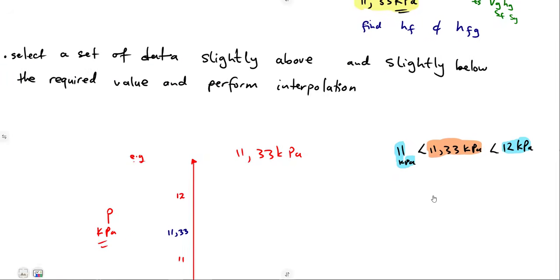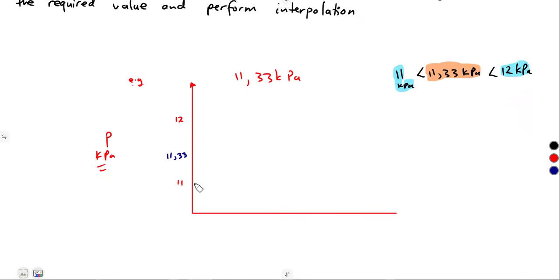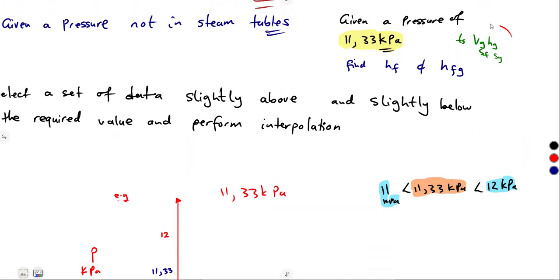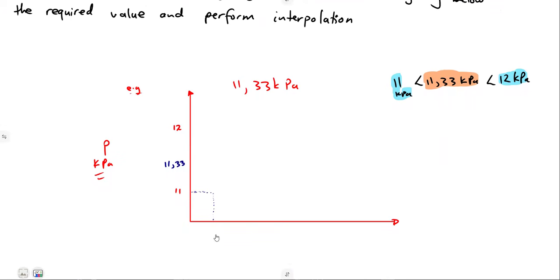So at this pressure of 11, we are going to have corresponding values in the horizontal axis, and what you have in the horizontal axis can be any one of these. In our case, like I said, I'm just going to consider HF and HFG. Those are the ones that you're going to take corresponding.